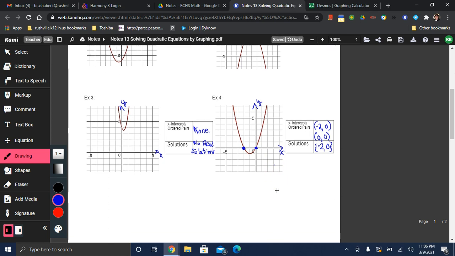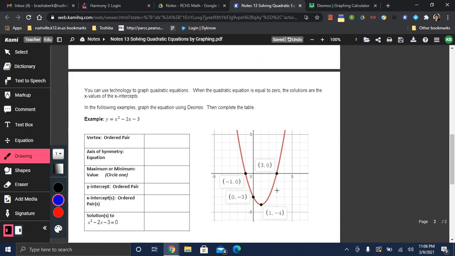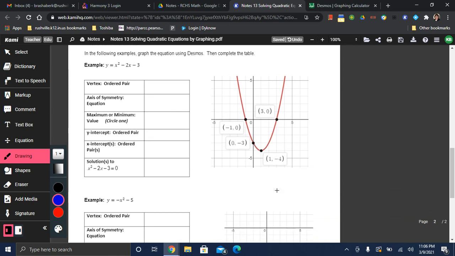We're going to take a look on the back side at some equations that you will graph and then fill in some extra information. Now, for your notes, your equation is y equals x squared minus 2x minus 3. I included the graph in your notes, but when you get ready to do your homework, the graph will not be there.